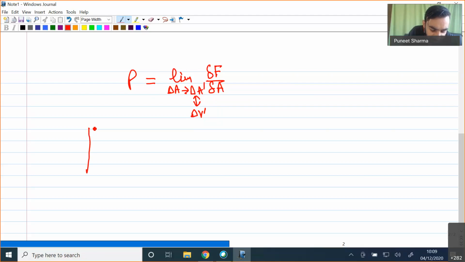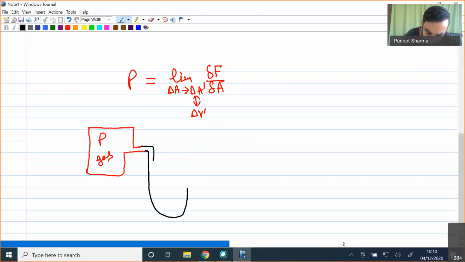I am considering that I have a container, and let us consider that inside this container I have some gas, and the pressure of the gas over here is P. Now I'll be connecting one U-tube like arrangement over here, and I'll be employing this arrangement for measurement of the pressure.